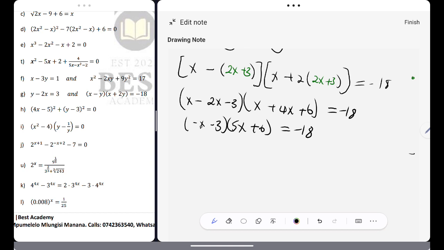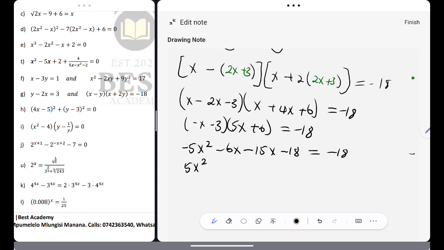A negative x multiplied by a positive 5x is a negative 5x squared, and a negative 6x, negative 15x, and negative 18 is equal to negative 18.